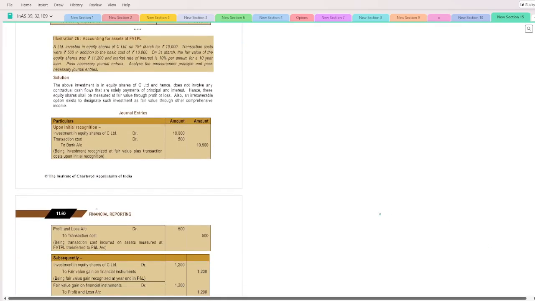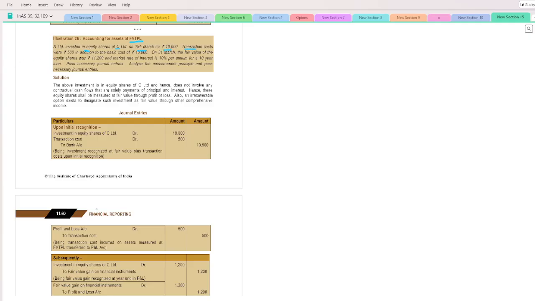Now coming to this one, A Limited invested in the equity shares of C Limited. So accounting for the asset at the FVTPL. Yeah, this is for the FVTPL they are talking about. A Limited invested in the equity shares of C Limited on 15th March for 10,000.